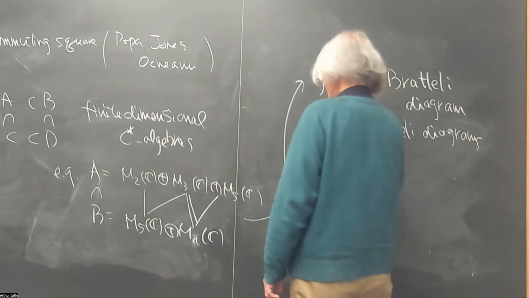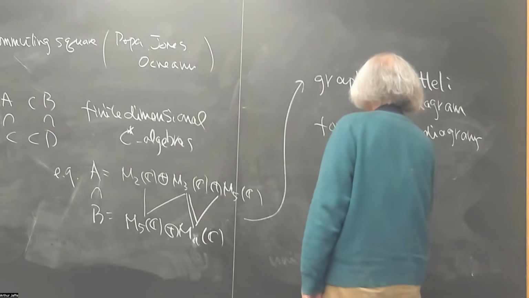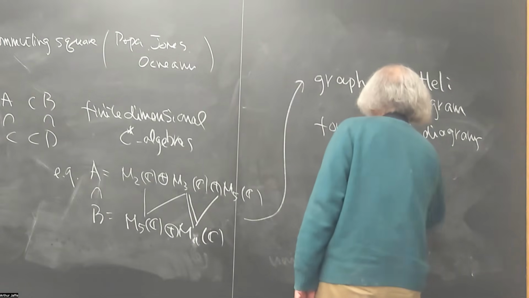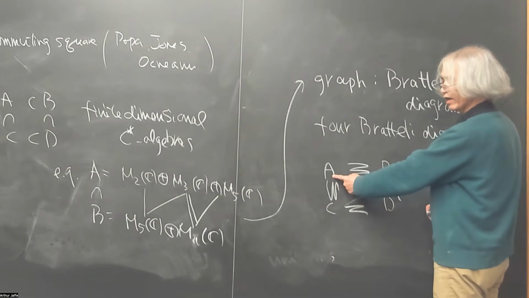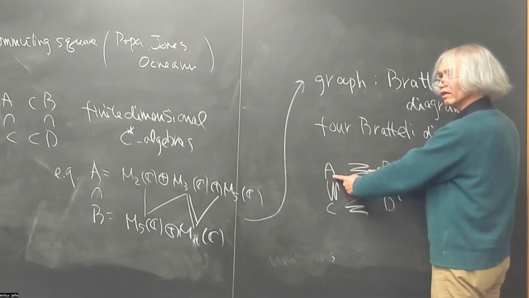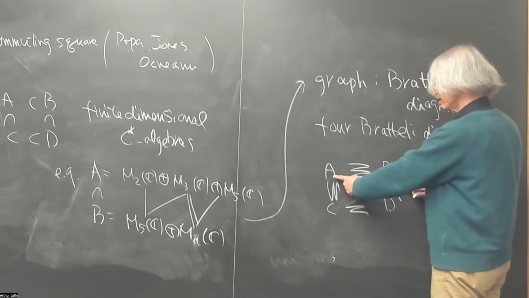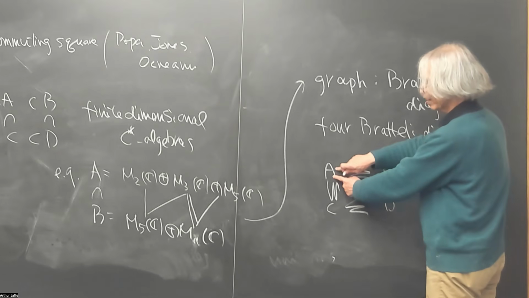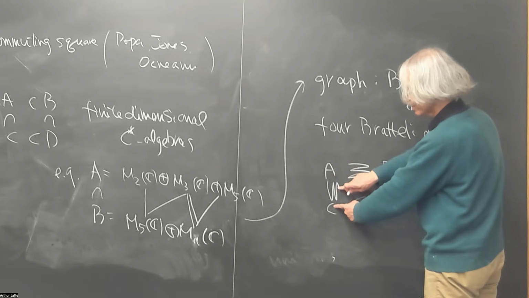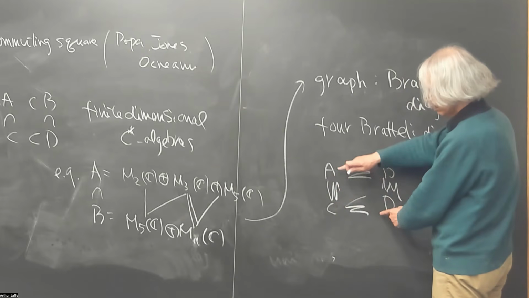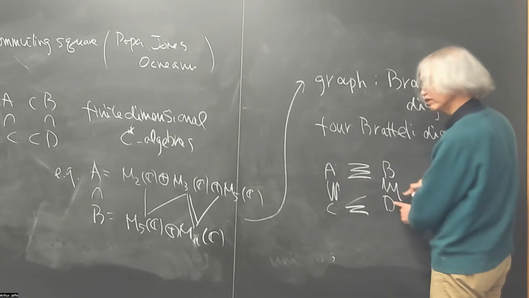So we have A, B, C, D, and some graphs like this one. Then here we fix one direct summand of A and choose one edge here. That gives an embedding of this one here. And choose another edge here. That gives an embedding of this direct summand into D. And also here we have another edge, then it gives another embedding of this direct summand into D.